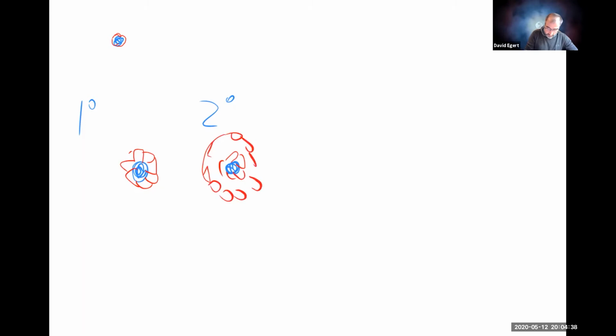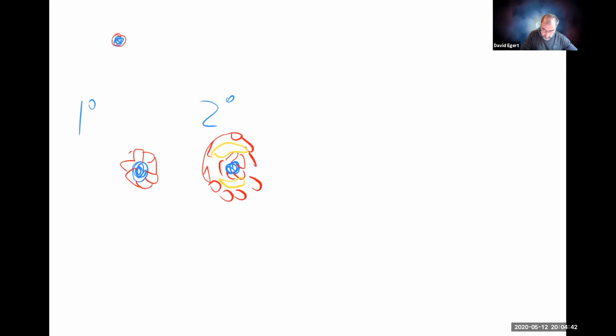Then we got our primary follicle, which has the egg and just with things around it. Secondary follicle where we have the egg, and we've also got kind of fluid spaces.